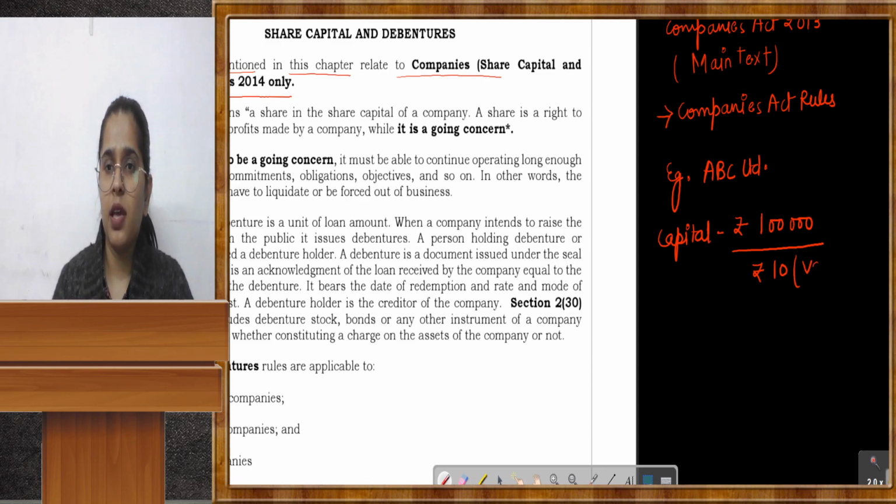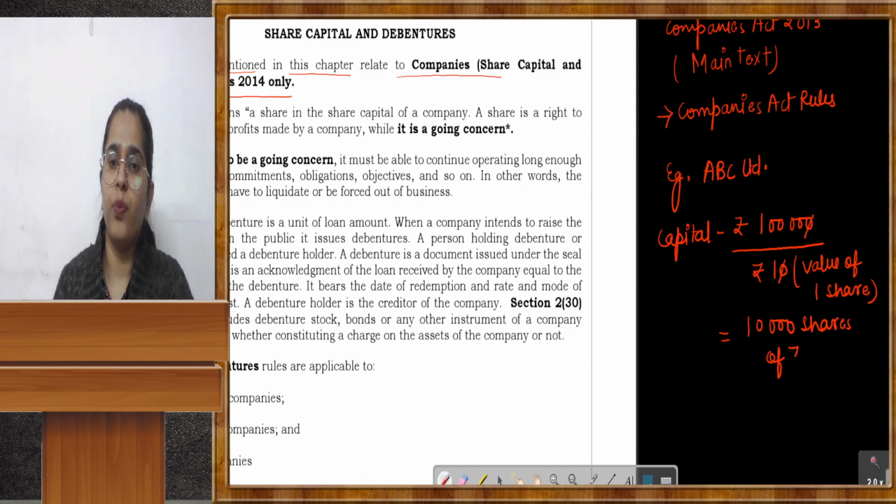So this is the value of one share. In this way, it is saying that my capital is divided into 10,000 shares of rupee 10 each.